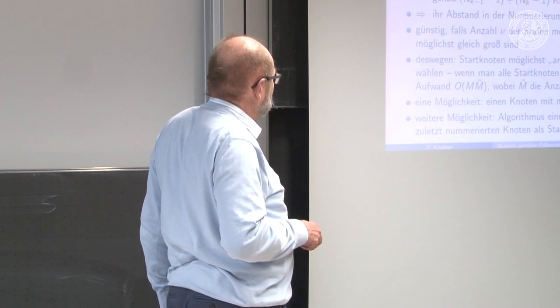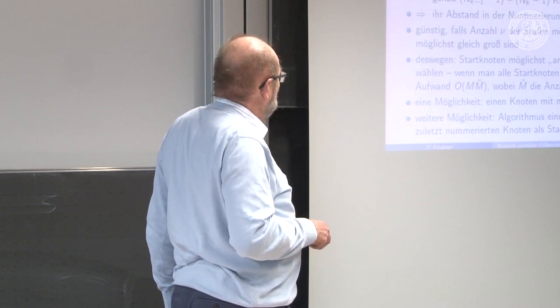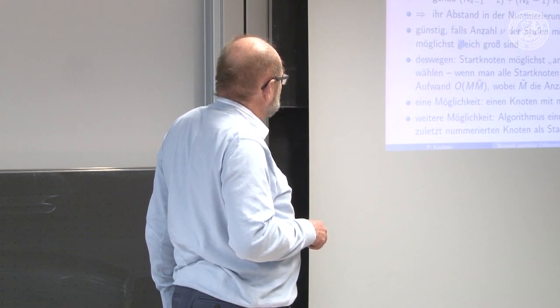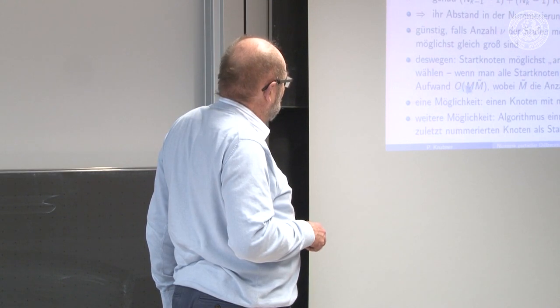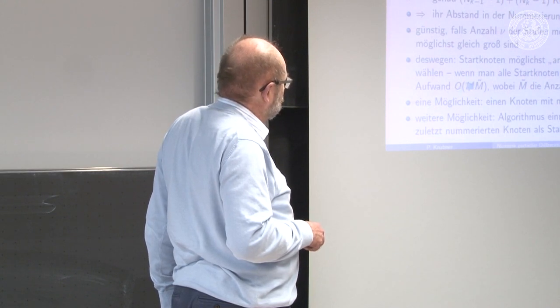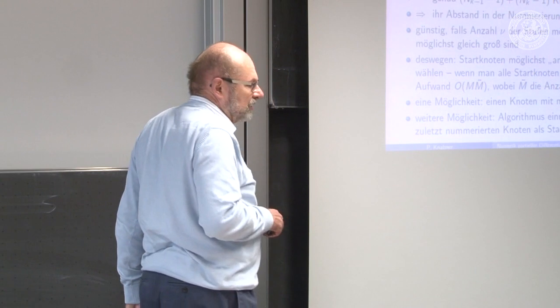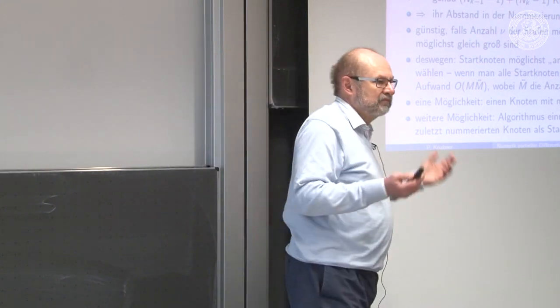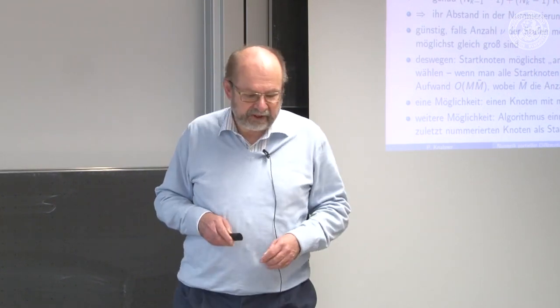M tilde is the amount of edges. And so if we do this full version, we have capital O of m, being the amount of vertices, times m tilde. So this is still something which is not so big.